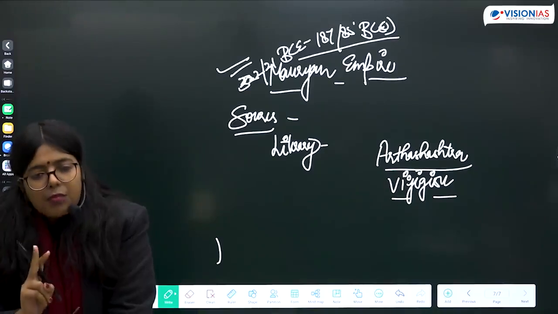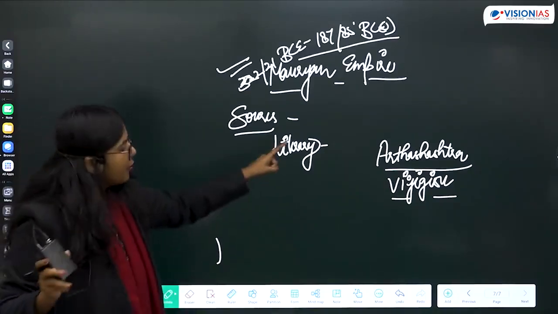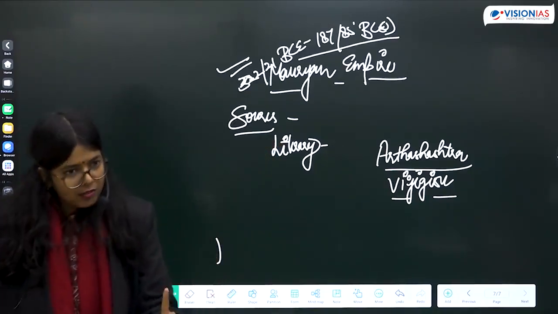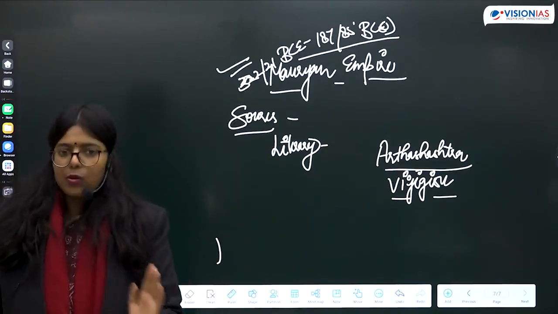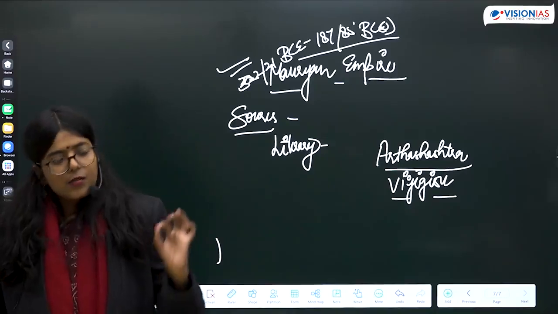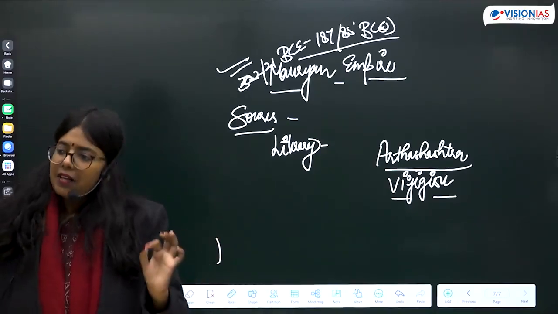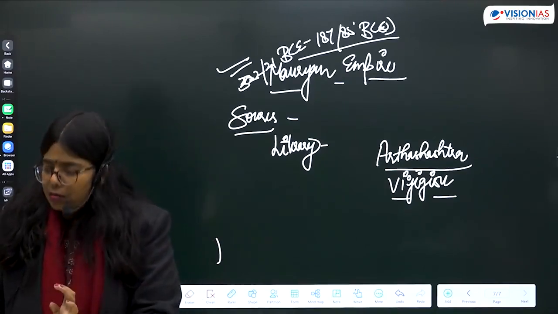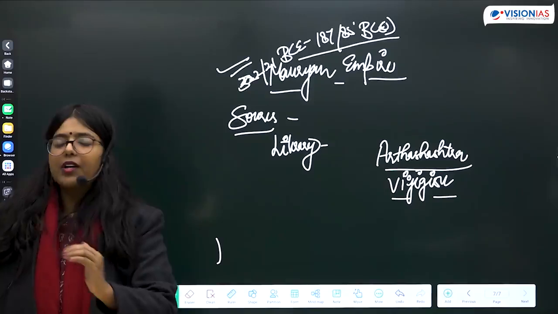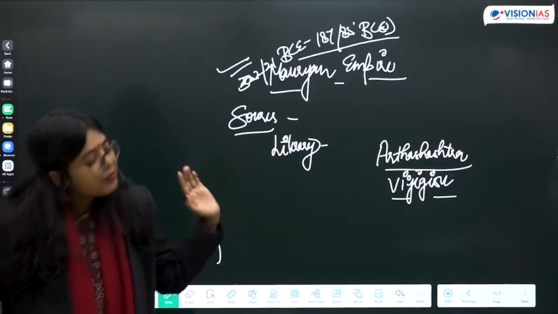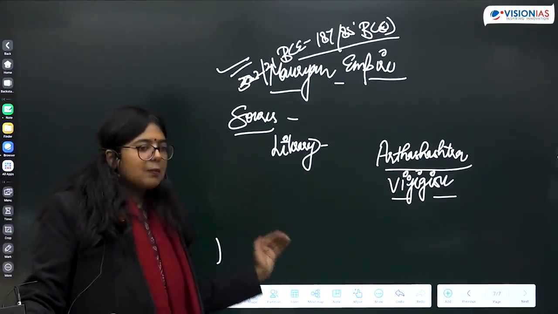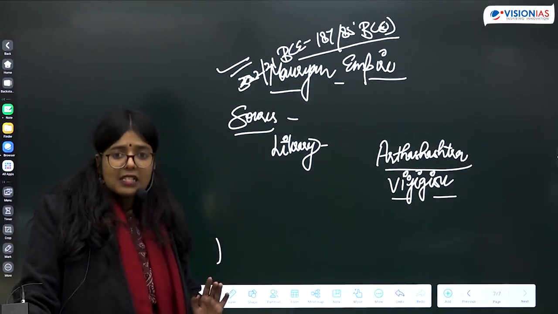So the first important fact that you need to remember about Arthashastra, it does not mention any of the Mauryan kings, it does not talk about Mauryan Empire. It uses the term Vijigishu and it is advising the Vijigishu how to rule, how to administer particular areas, what kind of economic aspects should be tackled by the state.